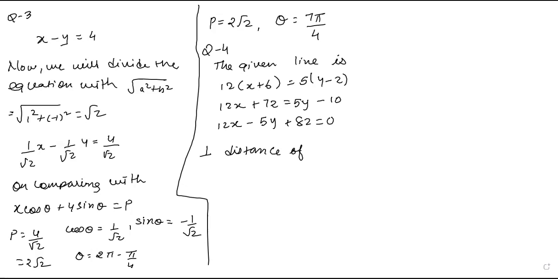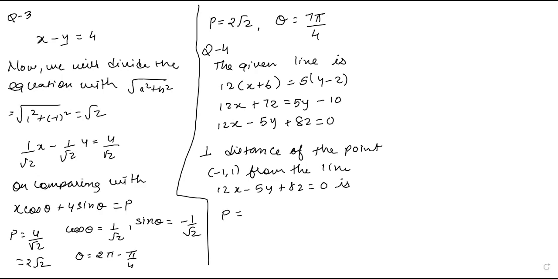So perpendicular distance of the point minus 1 comma 1 from the line 12x minus 5y plus 82 equal to 0 is, we know that formula, d is equal to ax1 plus by1 plus c upon square root of a square plus b square, right?